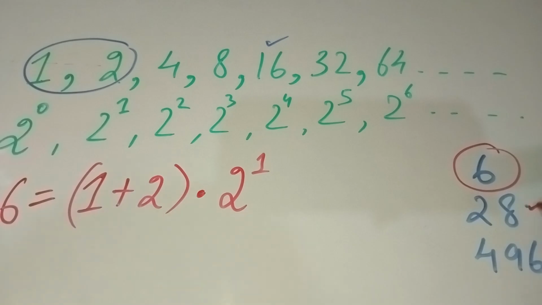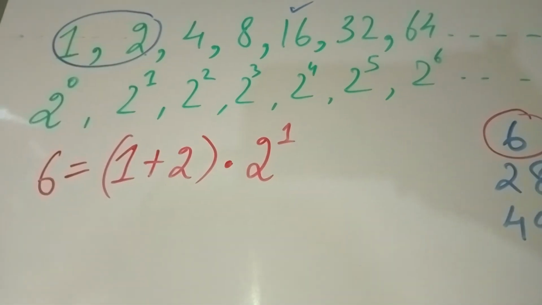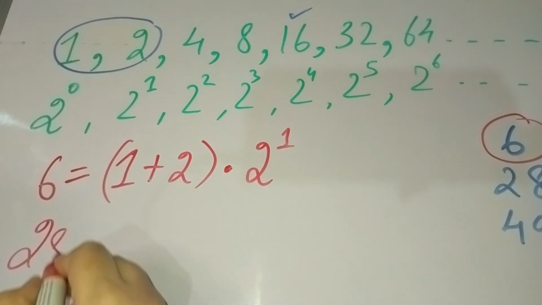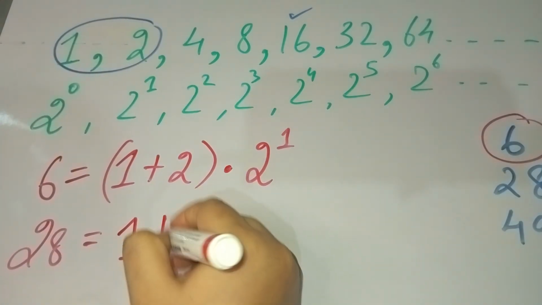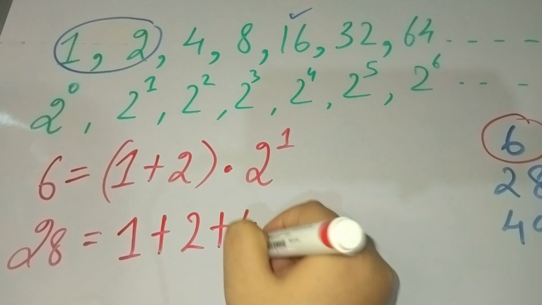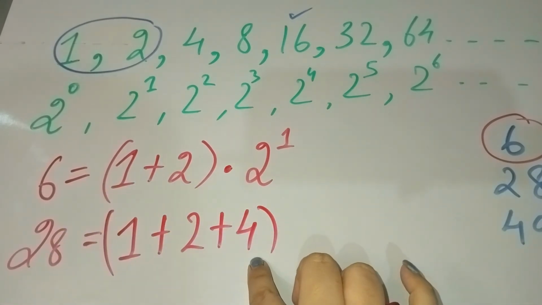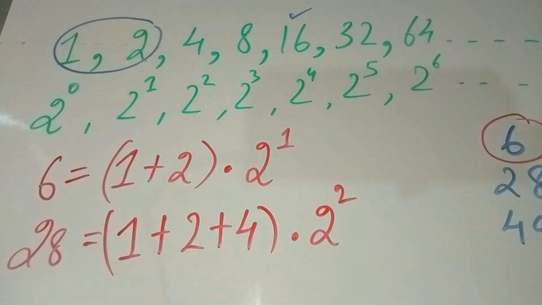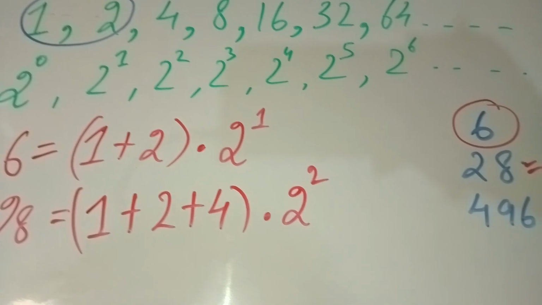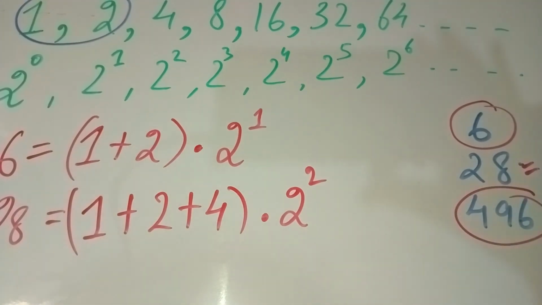Then our second perfect number is 28. So see how I wrote 28. 28 is equal to the sum of the first 3 numbers, 1 plus 2 plus 4, and then we multiplied it by 4. So I can write 4 as 2 to the power 2. Am I right?